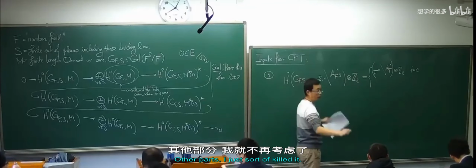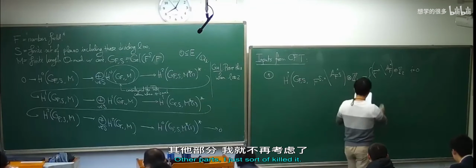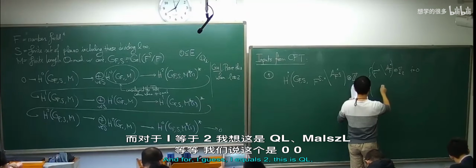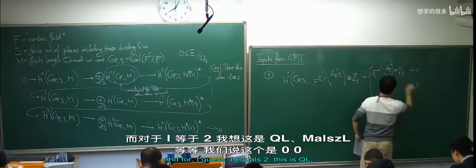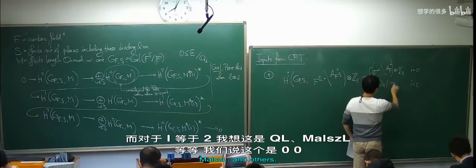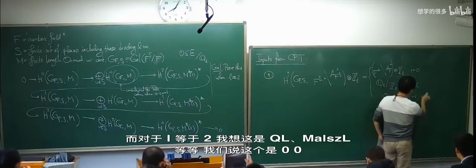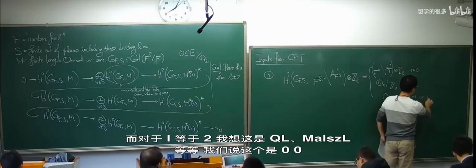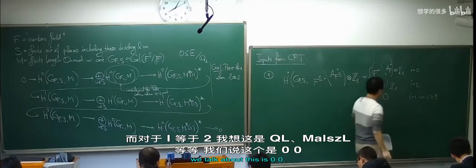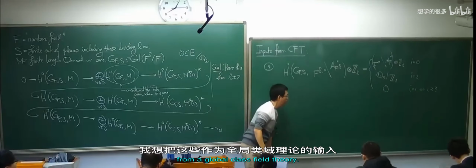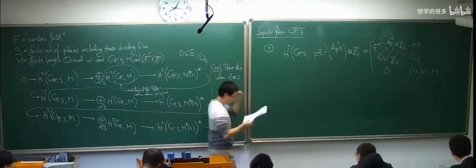Other parts, I just killed. For i equals 2, this is Q_L mod Z_L. And for the others, we talked about this is 0. I want to use these as input from global class field theory.